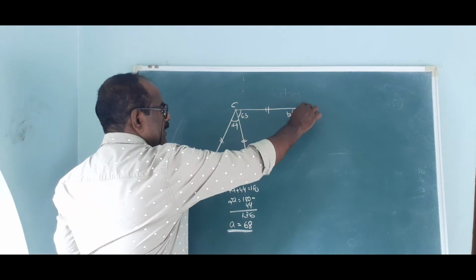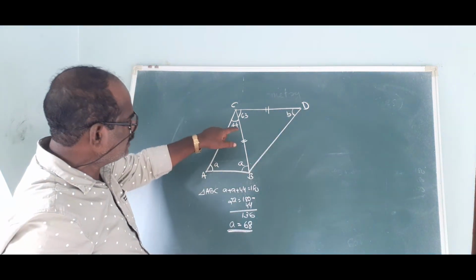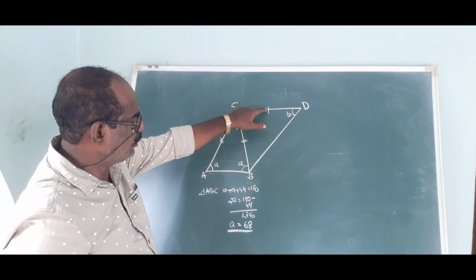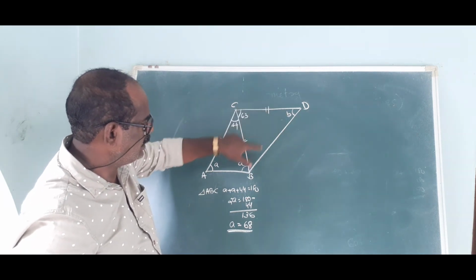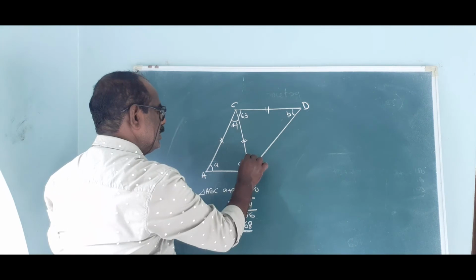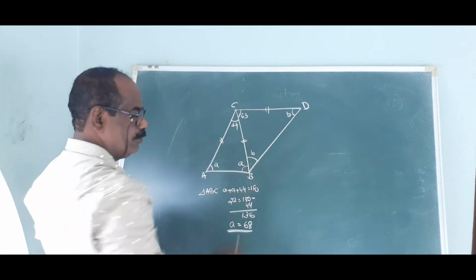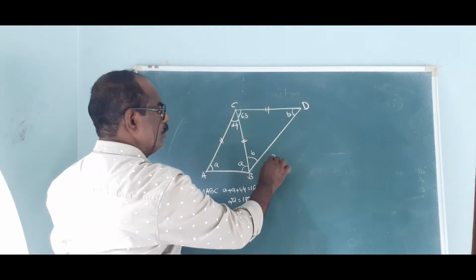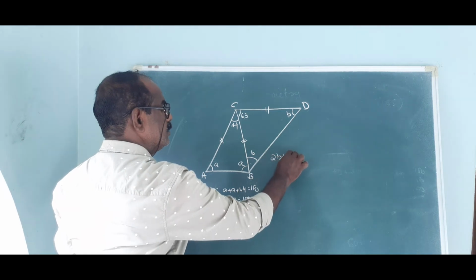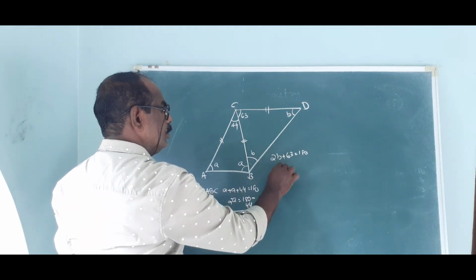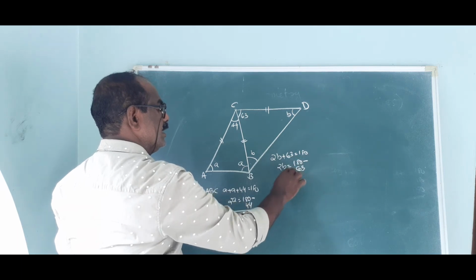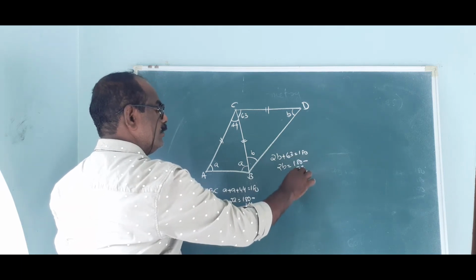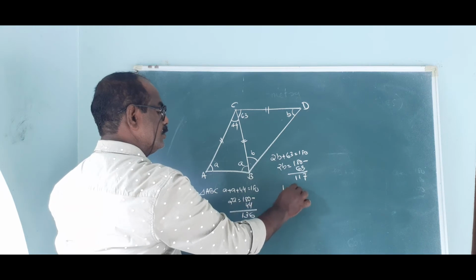Then A, B, C, D. In this part, this side is equal and this side is equal. Then the opposite of this side is this angle, and the opposite of this side is this angle. These two angles became equal. This is also B. So we can say 2B plus 63 is equal to 190. 2B is equal to 190 minus 63, that is equal to 117.